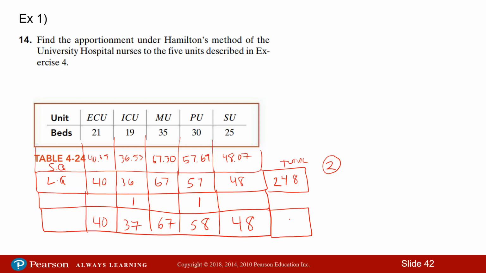How do you get the number that you divide? Sure. It's called SD, or standard divisor. It's the total from these numbers here, divided by how many things you have to offer.